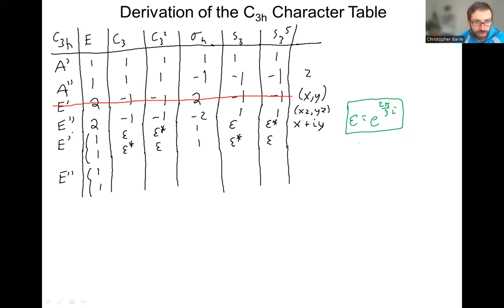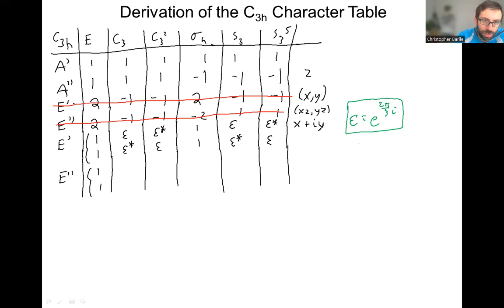So in this video, we're going to be crossing out E double prime, and we're going to use a different function. How are we going to get that function? We're going to get it by looking at what this original vector transformed as. We figured out it transformed as xz and yz. We did that in part 1 of this series. So we're going to do something very analogous.